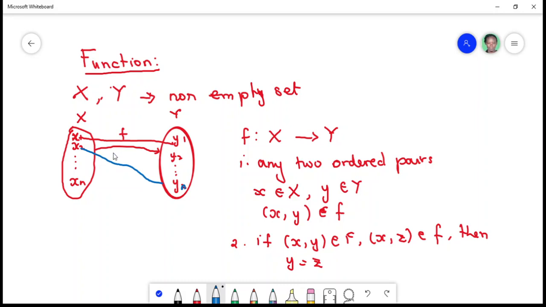So that if the value of x determines y, then it implies that y is a function of x.